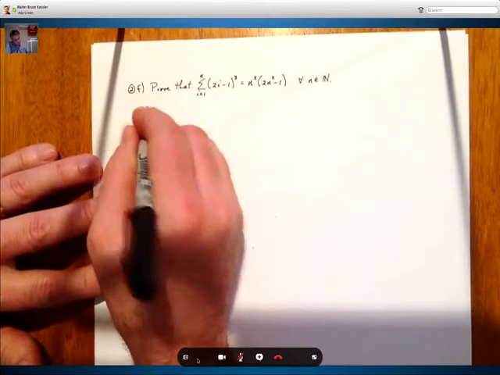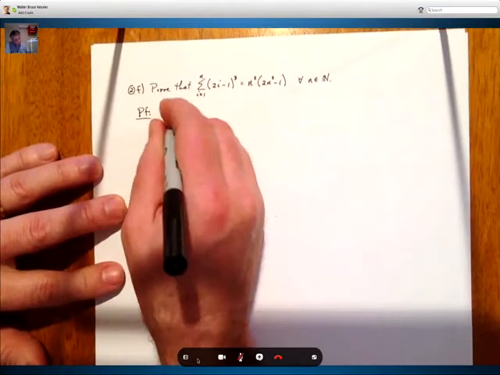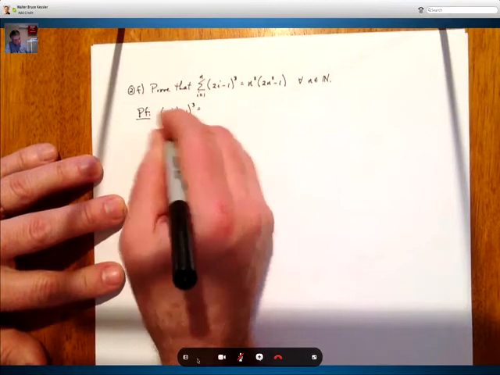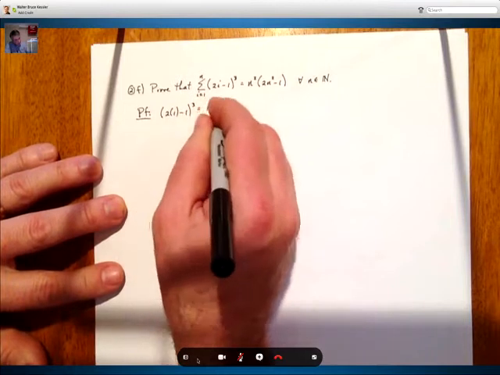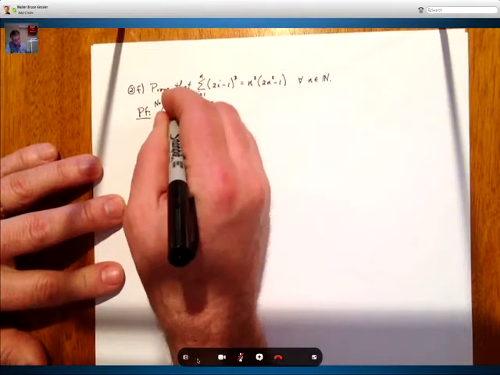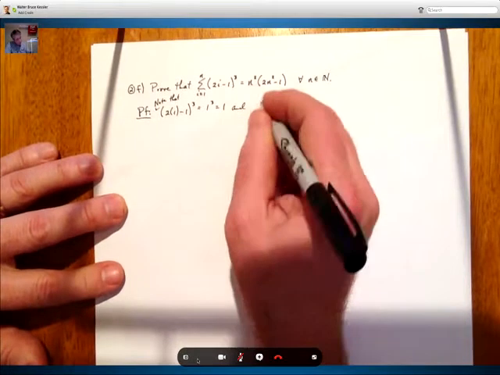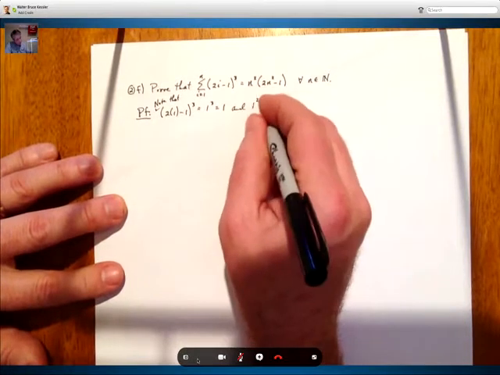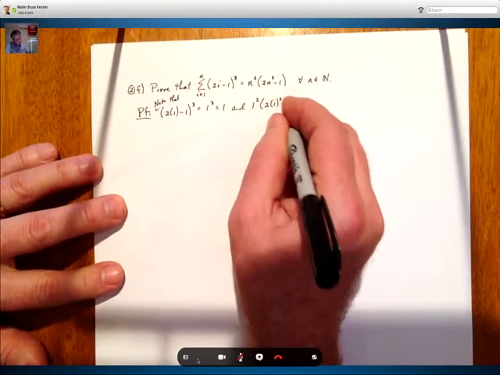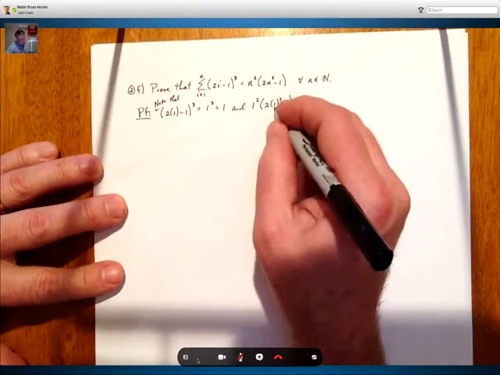We're again doing this for natural number n, so the first part of my proof would be with n equal to 1. If I take 2 times 1 minus 1 and cube it, this is 1 cubed, which is 1. I probably would say something like, note that. And look at the formula, 1 squared, and then 2 times 1 squared minus 1.